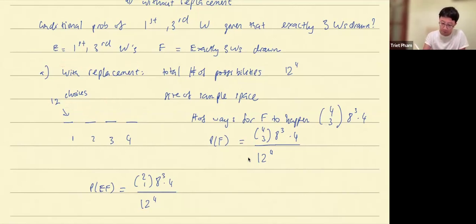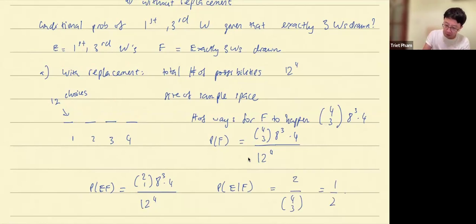Okay. Any question? And then you see again, this washes out to give us 2 over 4 choose 3, which is half, because 4 choose 3 is 4.